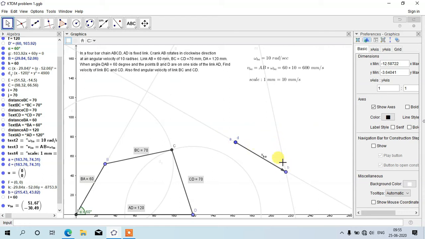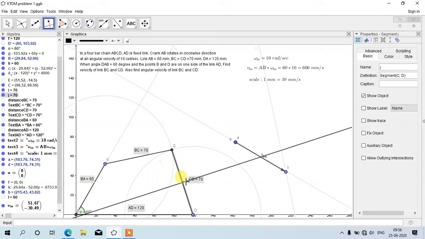Now what will be the length? What length should I draw for velocity BC? That is unknown right now. We only know the line of action of that velocity. The velocity BC will be on this line only. So magnitude is unknown, so we'll move further for another link. Velocity of link CD will be perpendicular to link CD.